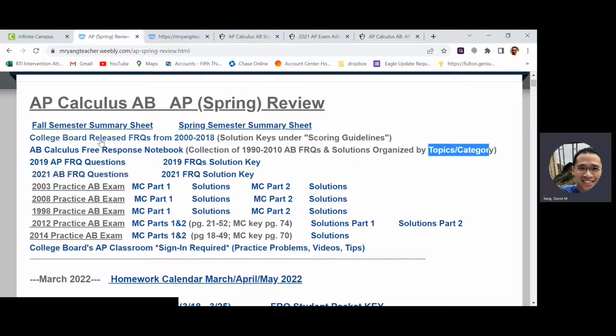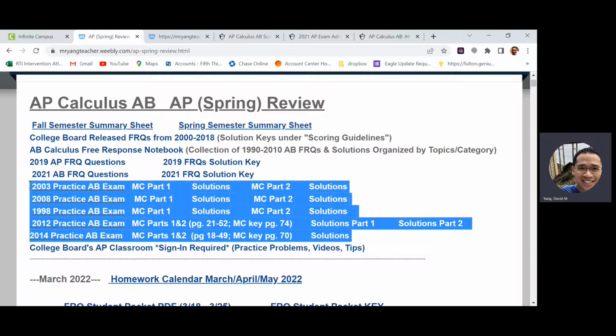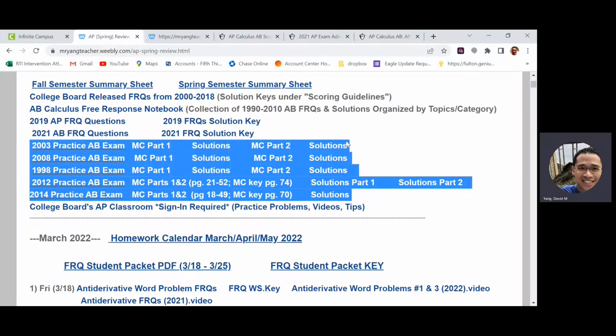At the top, a couple of links are all FRQs, but at the bottom here, we're dealing with multiple choice. If you want to get the feeling for what a full multiple choice experience looks like, these are multiple choice tests that have been released from College Board.